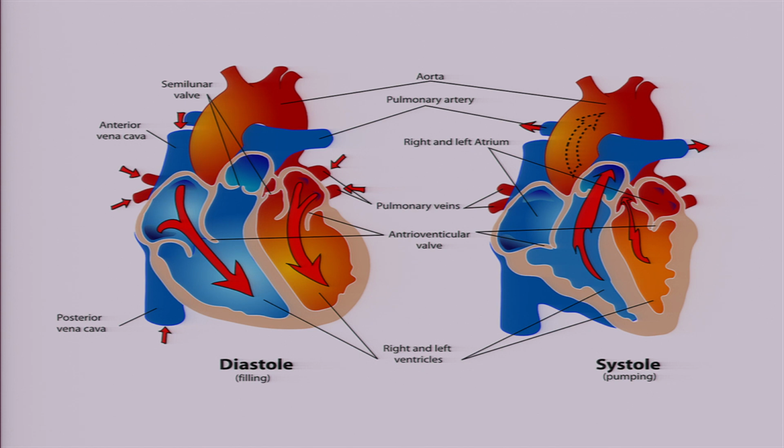On the left side, you can see the heart again, after pushing the blood out, relaxes. The chambers are in a relaxed state, they get enlarged to receive more and more blood. When the heart is in this relaxed state, wherein the blood gushes back into the chambers, it is known as diastole.